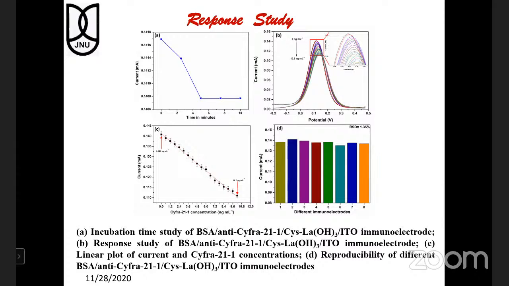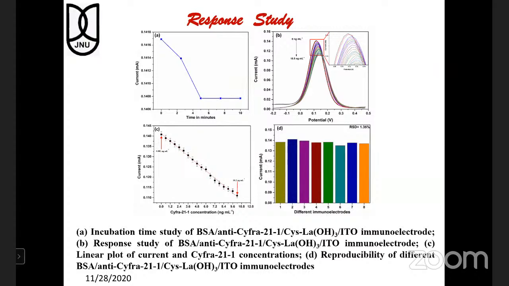Then we checked the response with different concentrations, with values varying from 0 nanogram. Zero means without any analyte, only the bare BSA electrode response, and then up to 10 nanogram per ml, how the response changes. You can see that the current value continuously decreases.